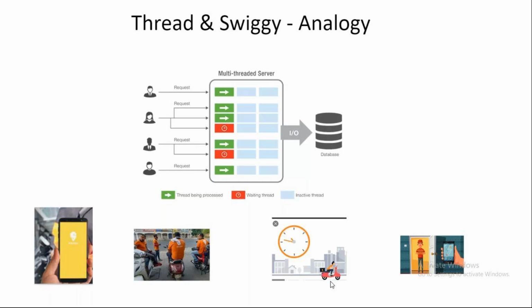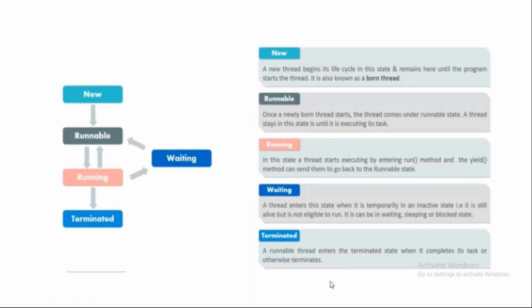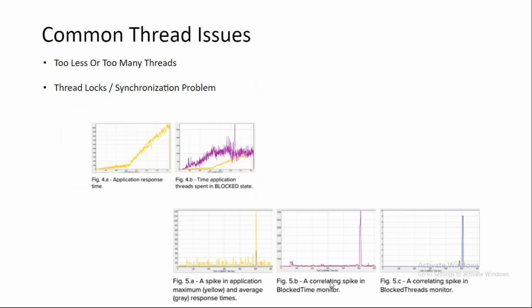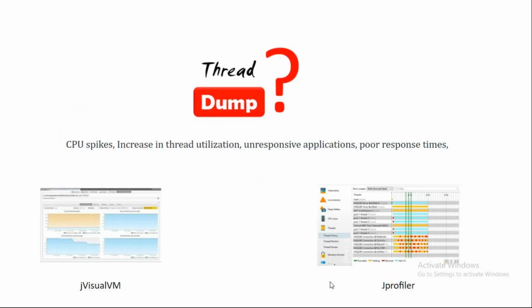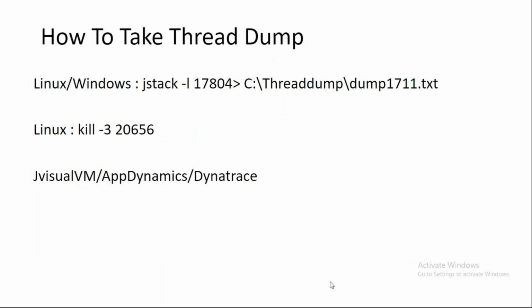So you have a min, you have a max. Initially, only whatever number you give as the min will get started, and then as it gets more and more load, if your threads are busy, it will spin up additional threads from 50 to 60, 70, 80, 90, 100, maximum 100.